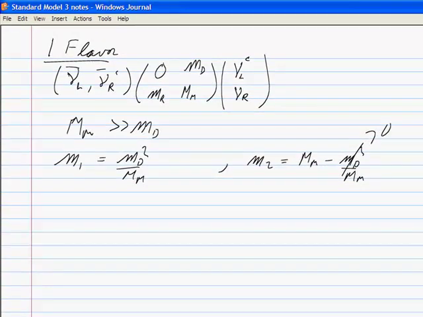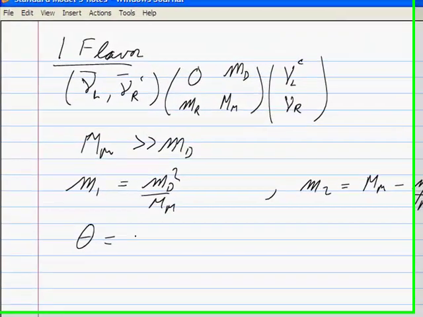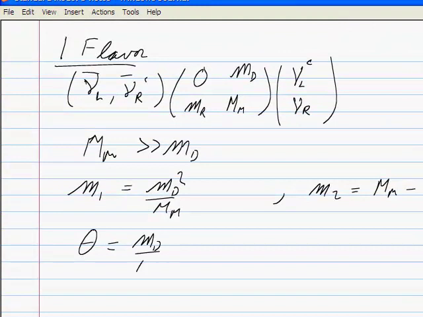Okay, and the mixing angle between left and right is M Dirac over M Majorana.